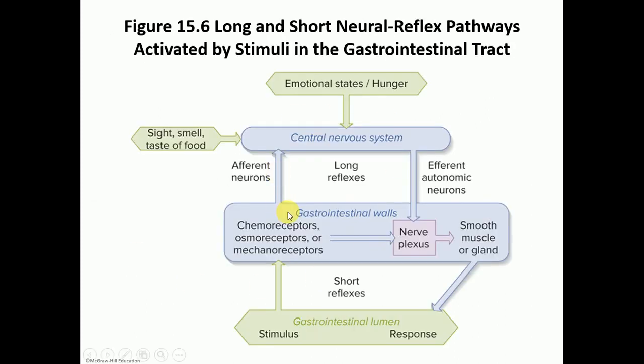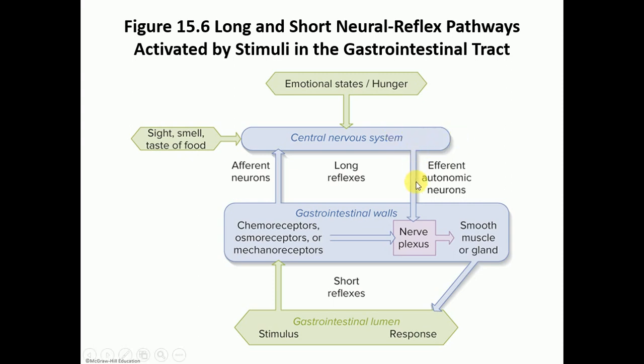So you can see here how these kind of reflexes work. Okay, you have certain things that will stimulate the autonomic nervous system, for example, hunger, okay, or smelling or seeing food or taste, just thinking about food. That is going to stimulate the parasympathetic part of the nervous system.